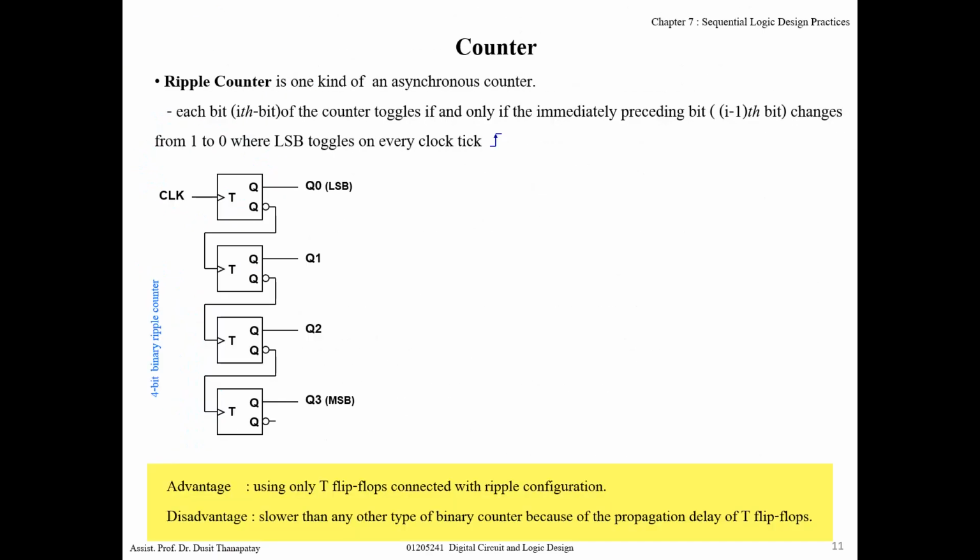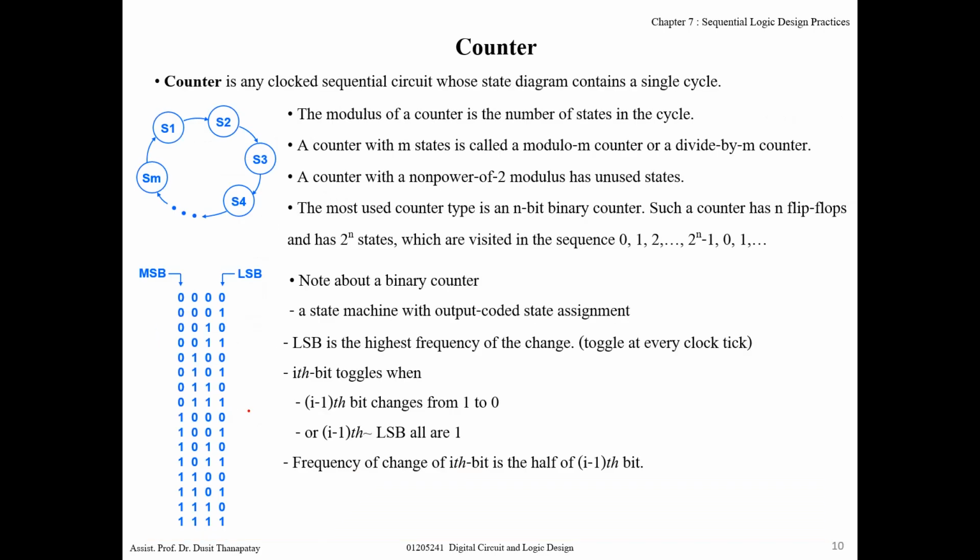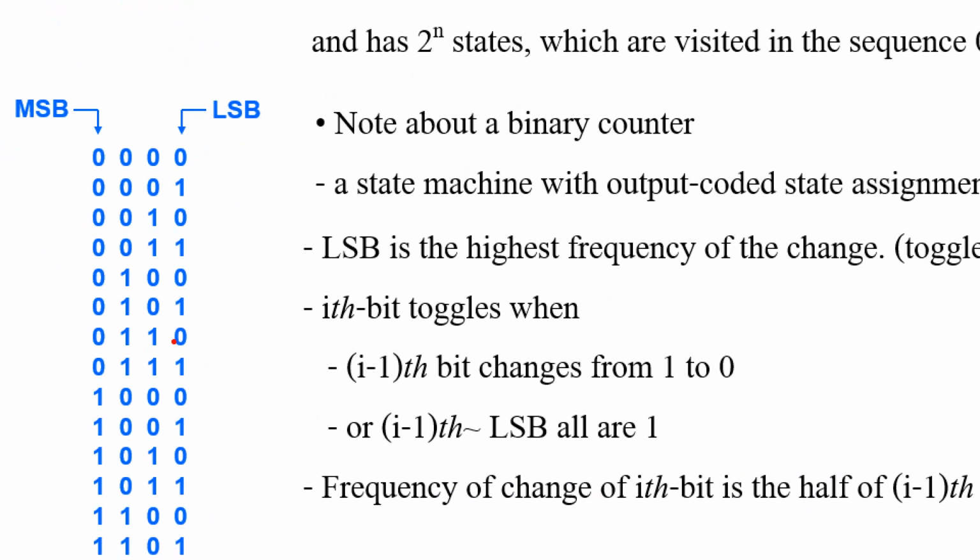And how about the next digit? For the next digit, let me use this observation. When this digit changes from 1 to 0, the next digit will toggle. 1 to 0 is what? High to low, right? Or negative edge.